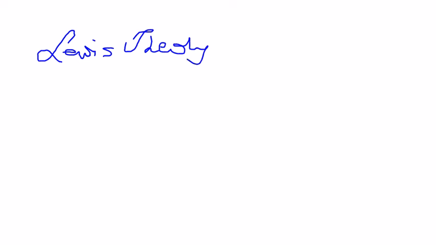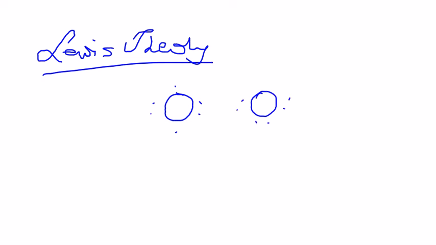What Lewis theory suggests is that you can write down Lewis symbols for each of these elements. For oxygen, since you have 6 valence electrons, this will be one Lewis symbol where I am showing you 6 dots surrounding oxygen. Another way you could write this would be 6 dots in this manner, and it's immaterial.